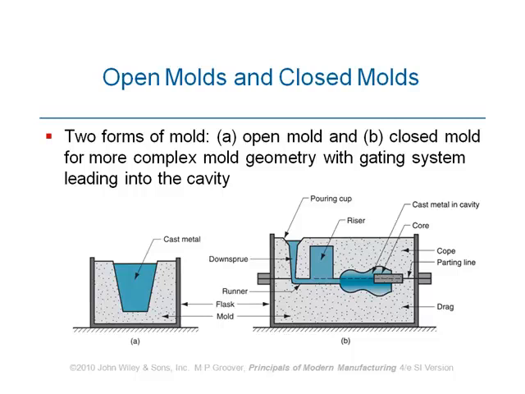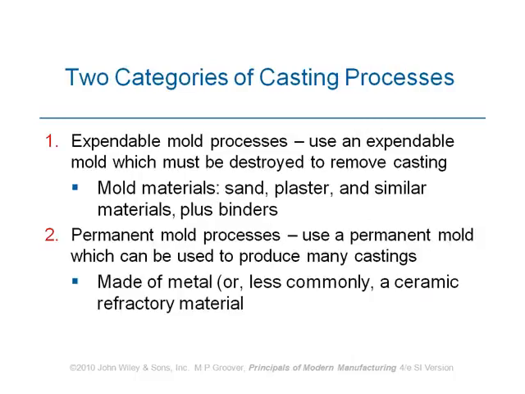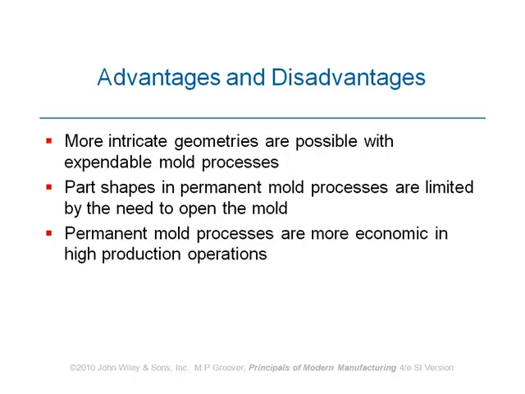Otherwise it won't work. If the riser solidifies before the cavity, what happens? When the cavity is in need of molten material, it's not available. And as a consequence, void spaces will be produced. How can we do this? That's something that we are going to talk about in the remainder of this lecture.